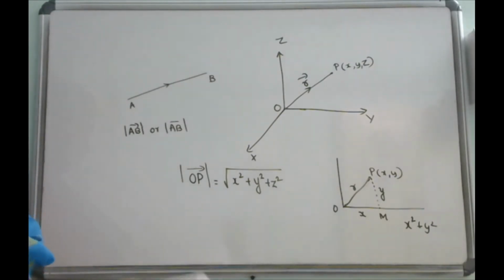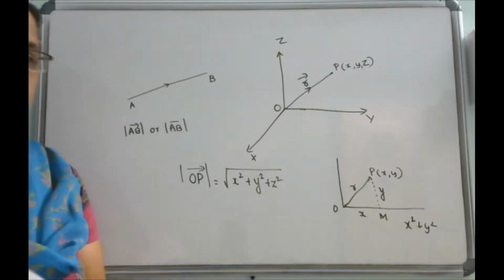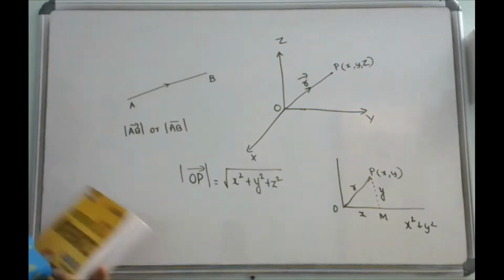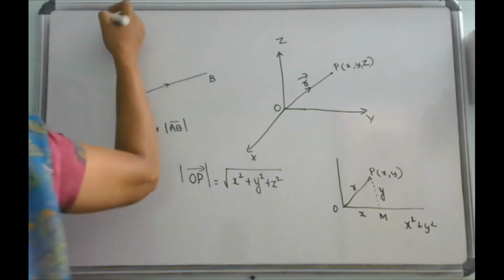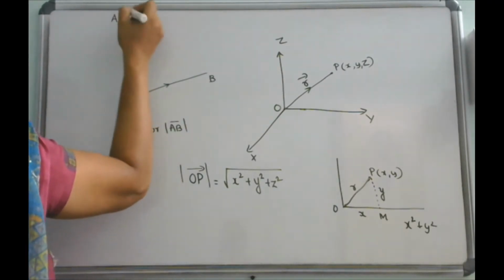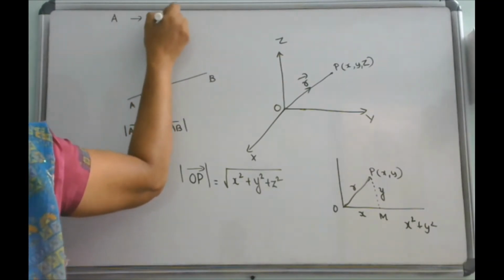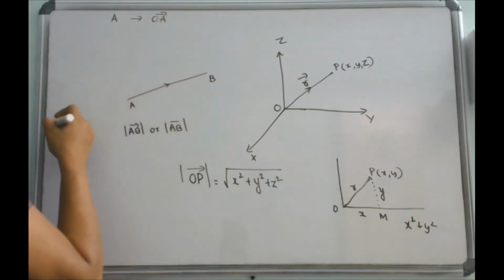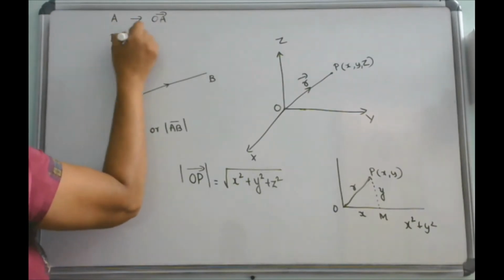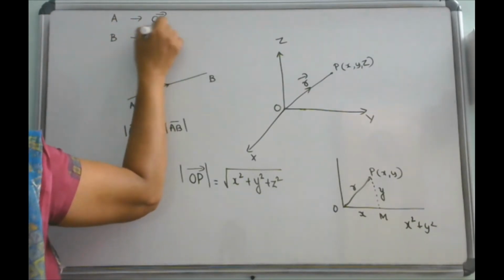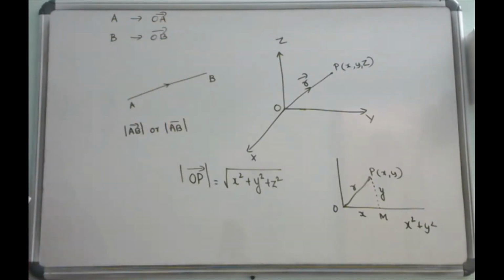So when we talk about this position vector, always remember that position vectors are always represented with respect to the origin. Suppose I say position vector of the point A, you have to remember that it should be written as vector OA. If I say position vector of the point B, it should be written as vector OB.